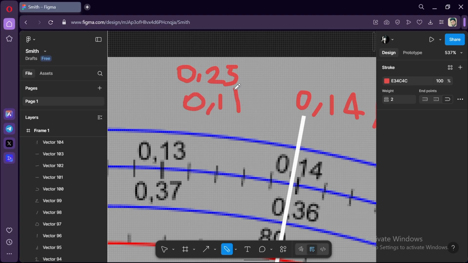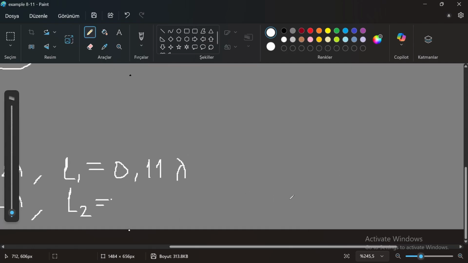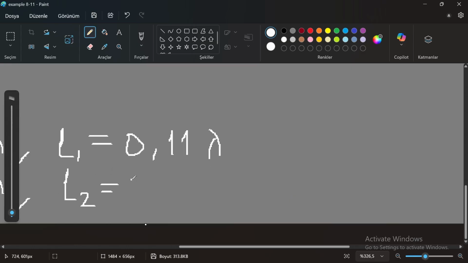This is the L2 value. 5 plus 4 is 9, 2 plus 1 is 3, 0.39 lambda.